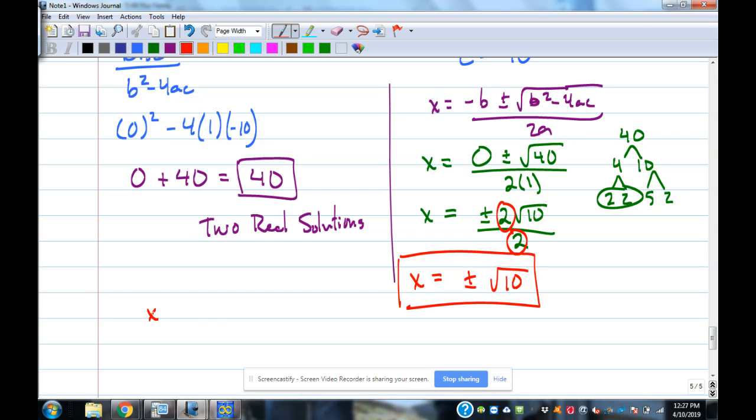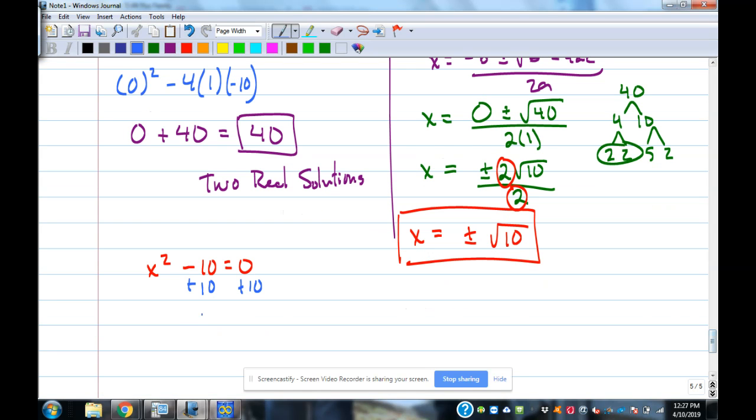If we had done that problem by square roots, like we did yesterday, we would have added 10 and got x squared is equal to 10, and then took the square root of both sides. What do you know the answer is? Plus or minus the square root of 10. Same as we got with quadratic formula. You get the same answer, no matter which way you do it.